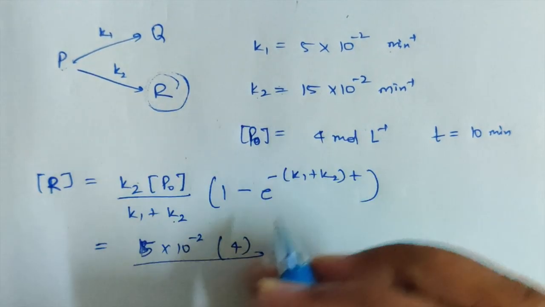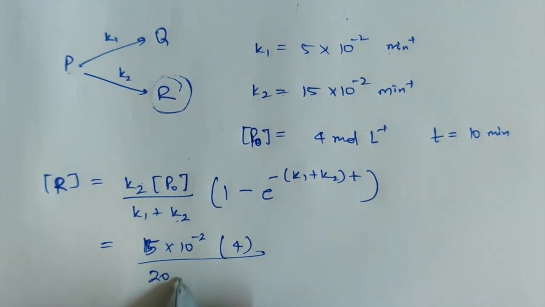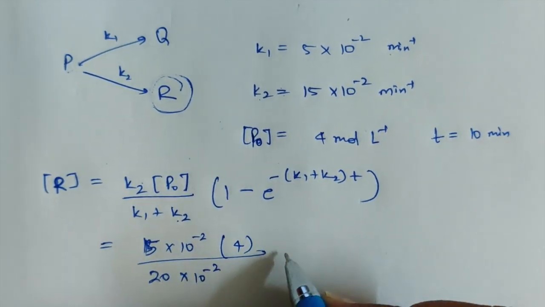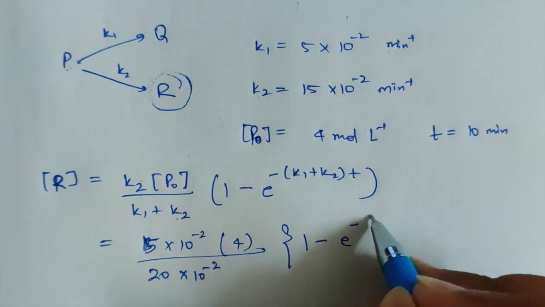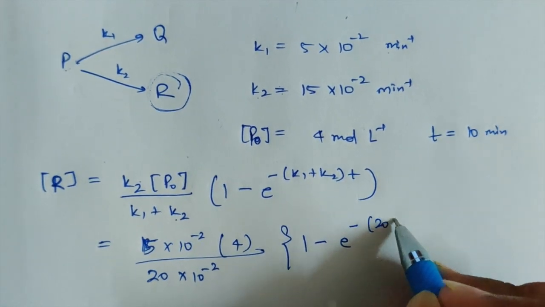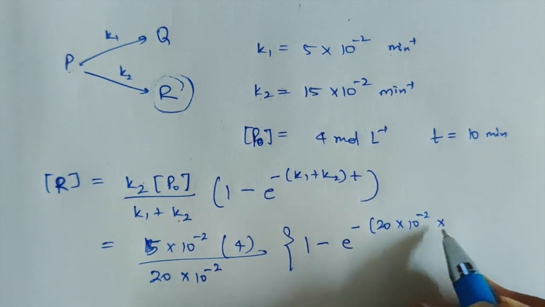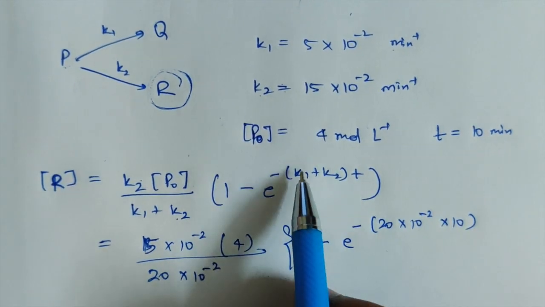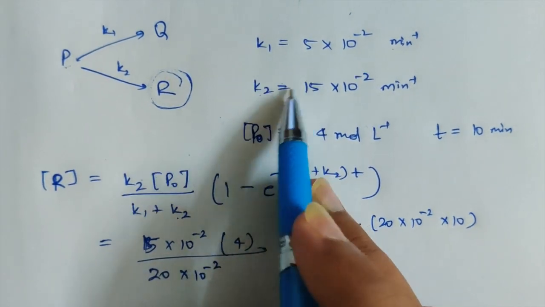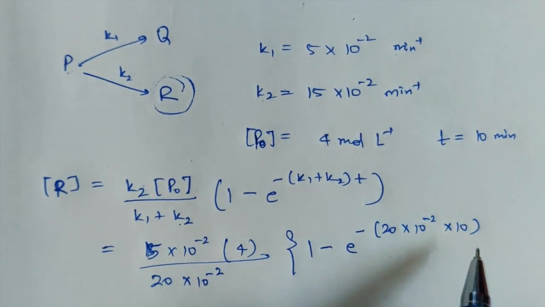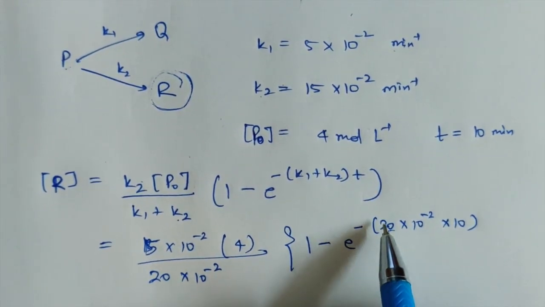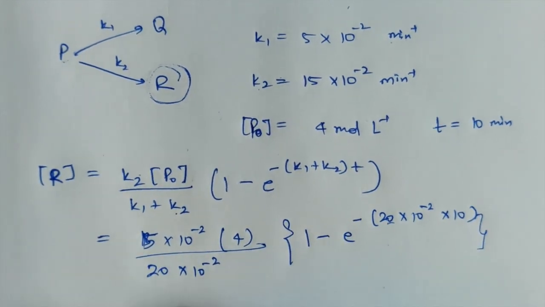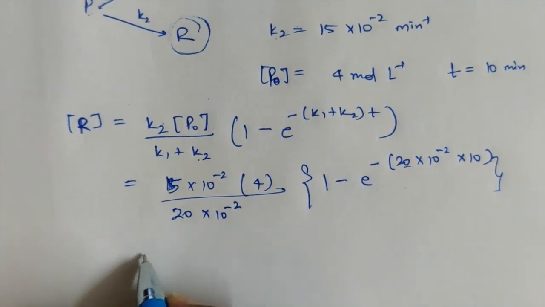So 5 plus 15 is 20 into 10 to the power minus 2, and here you have 1 minus e to the power minus 20 into 10 to the power minus 2 into 10. Because K1 plus K2 is 20 into 10 to the power minus 2, and t is 10, when you multiply this, everything cancels out and you get e to the power minus 2. You just need a calculator to solve it.